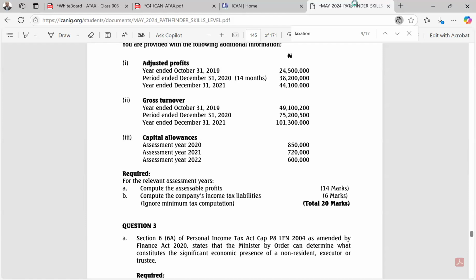So it is more than 25 million, so you're going to use 20%. We'll not cram that deep. Assuming this was 24 million, you're going to be zero. In an exam, maybe the first year might be zero, second year might be 20%, third year might be 30%. But look at this thing. That's why they give you gross turnover: for you to determine the tax rate, 20%.